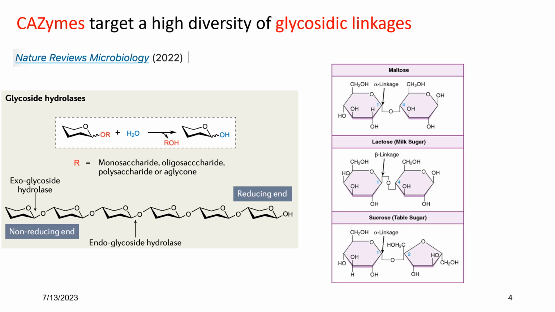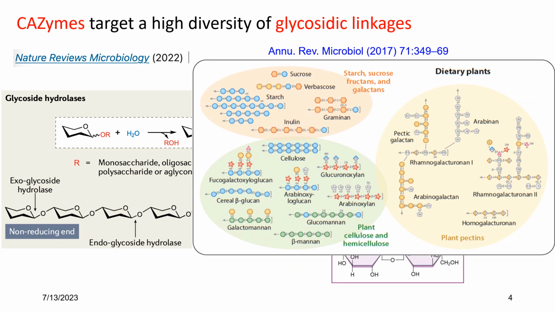In our everyday diet, there is a very high diversity of plant-derived polysaccharides and their glycosidic linkages. Here, different colors and shapes represent different sugars. Polymerizing them with different linkages will need different GTs, and breaking them will need different GHs.